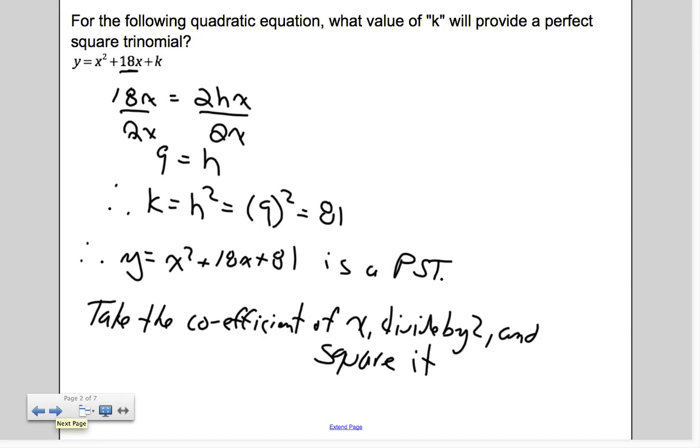So what's the vertex of this quadratic equation then? What's the vertex of this quadratic equation?